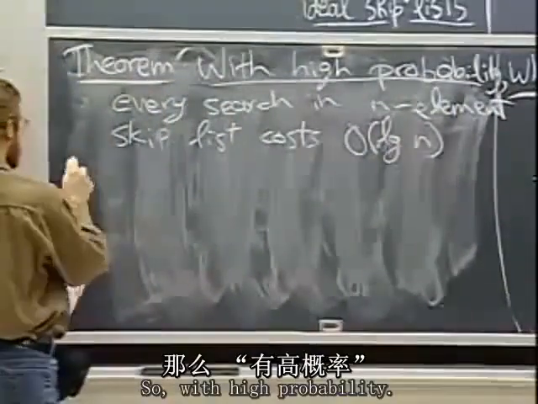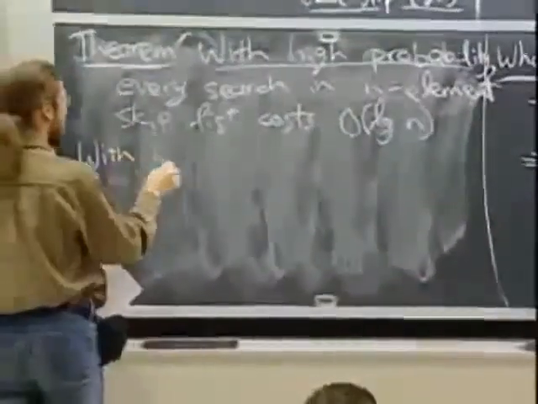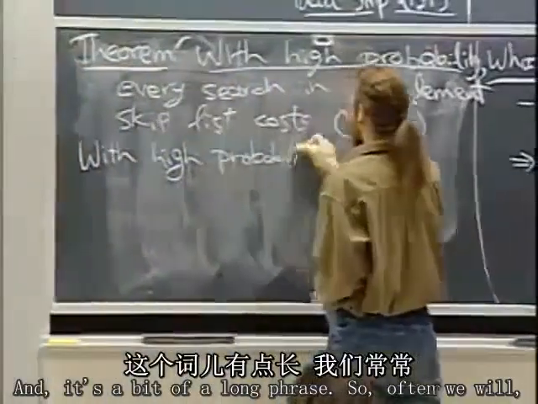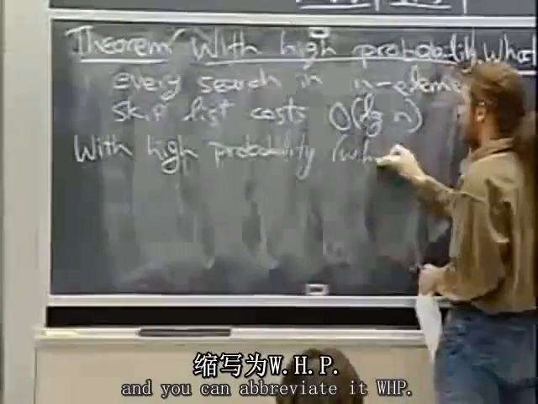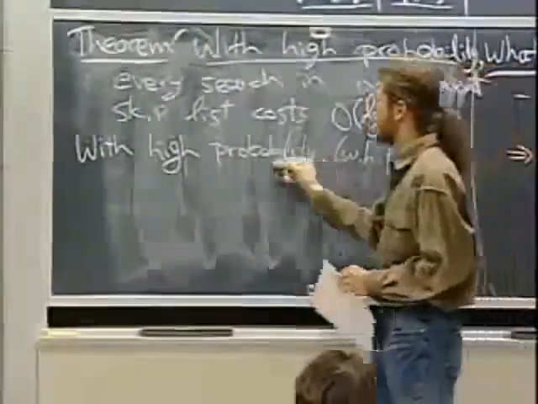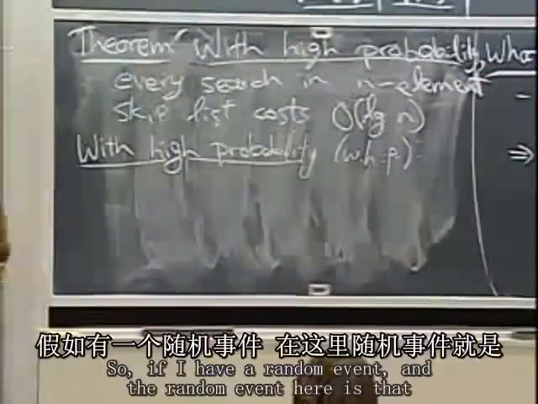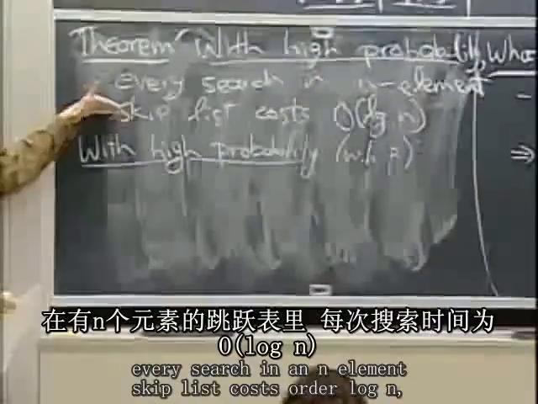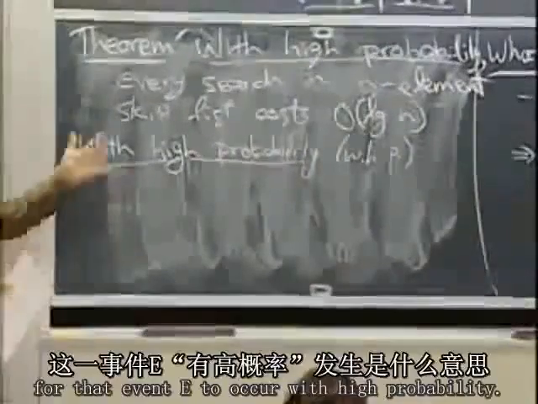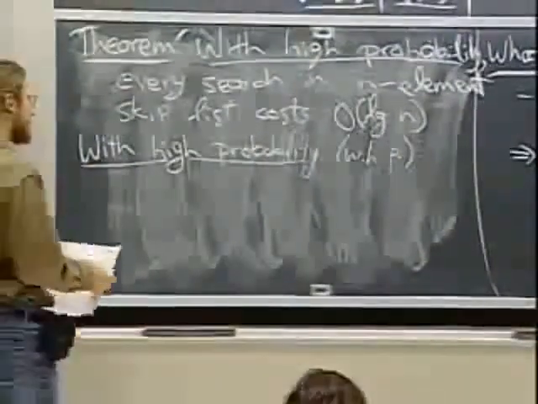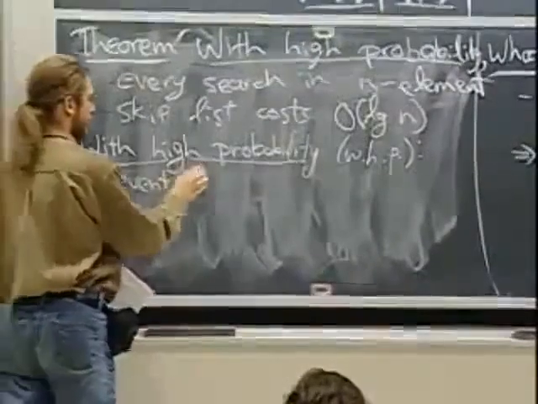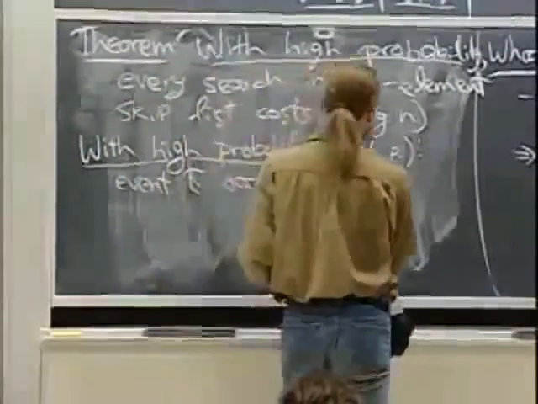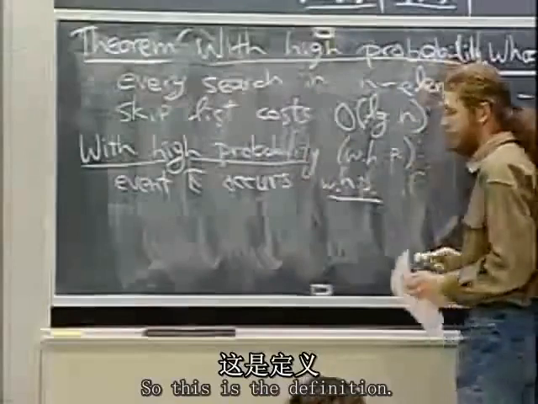So with high probability. It's a bit of a long phrase, so often you can abbreviate it WHP. So if I have a random event, and the random event here is that every search in an n-element skip list costs order log n, I want to know what it means for that event to occur with high probability. So this is the definition.